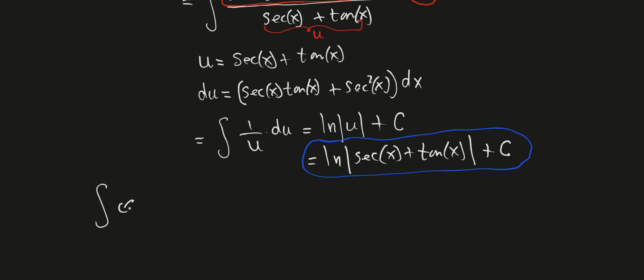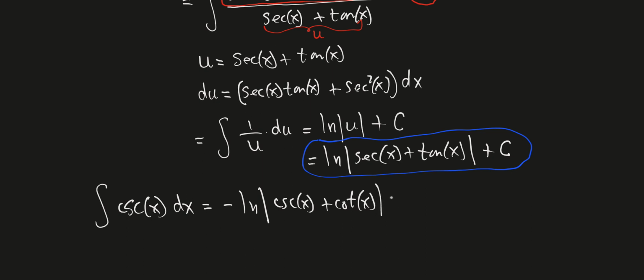Right, so cosecant of x, again I'll just write this result down, and this one ends up being the negative of the natural log of the absolute value of cosecant x plus cotangent x plus c, right? So now we have the antiderivative of all 6 trig functions.